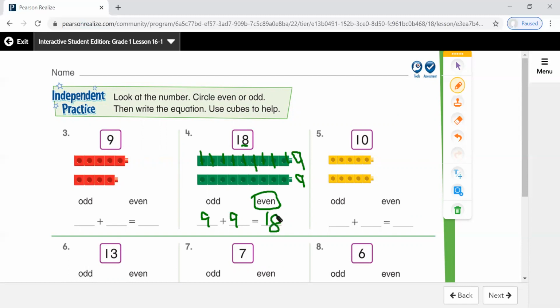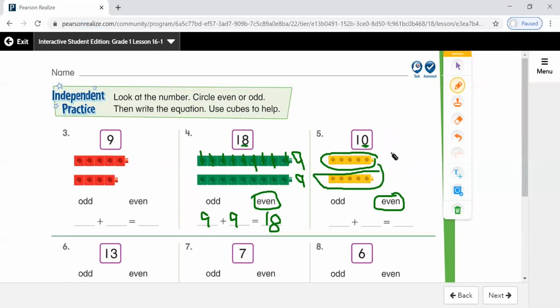So 18 is even number because I can divide it into 2 equal groups. What about 10? Also even, very good. Why? Because the ones is 0 and 0 is even number, and I can divide it into 2 equal groups.